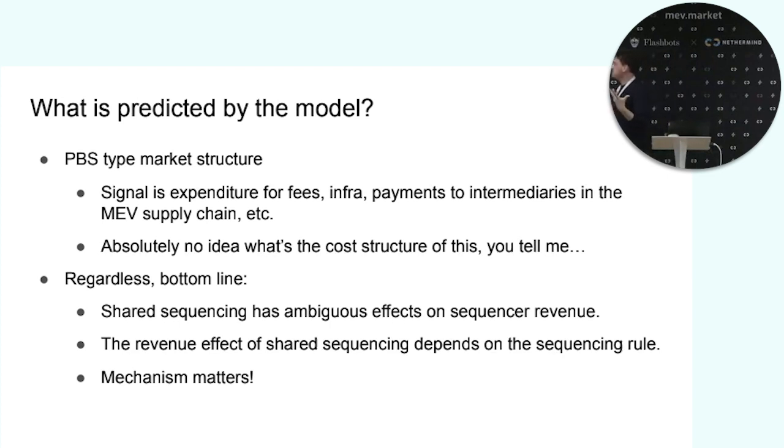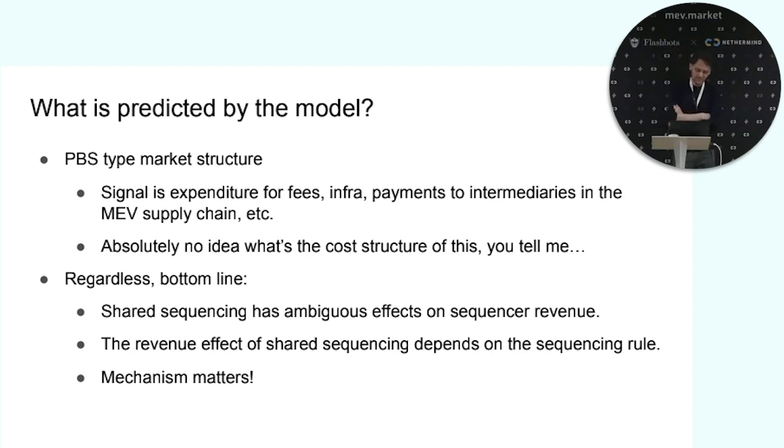Finally, if you do some kind of PBS type of market structure, it's very hard to come up with a reasonable idea of what the cost structure of the competitors in this market is, right? There are all kinds of things that collectively create a signal for them. They might pay some expenditure on fees, on tips, on infra, on some kind of payments to intermediaries in the MEV supply chains. Not entirely clear. You tell me, maybe it's some kind of almost constant marginal cost, because there are substantial economies of scale in these kinds of markets.